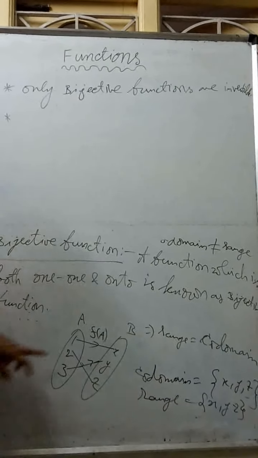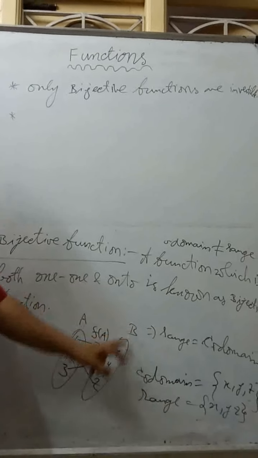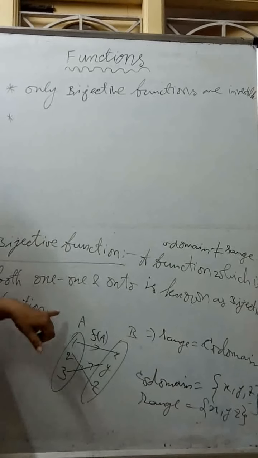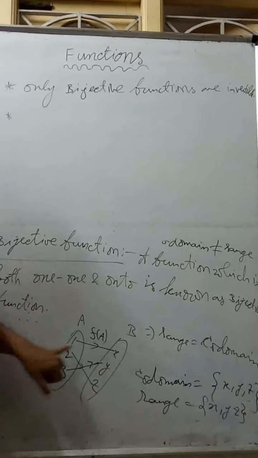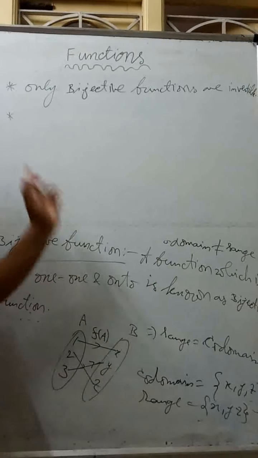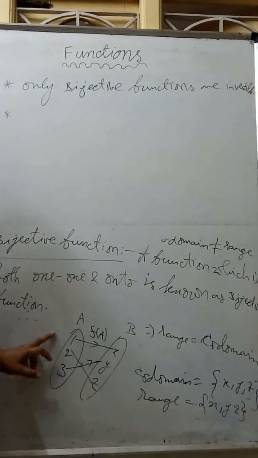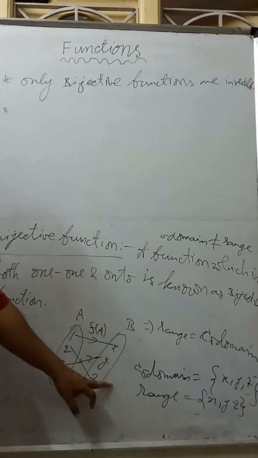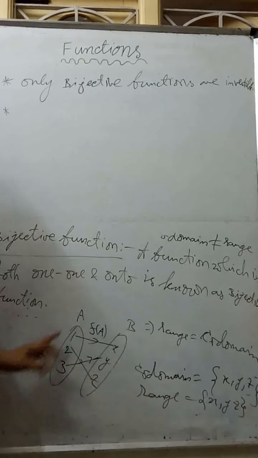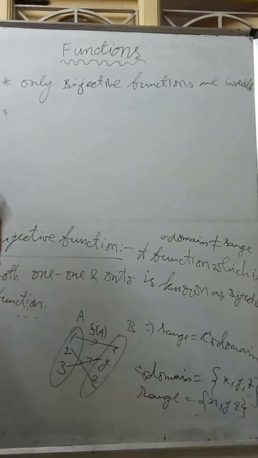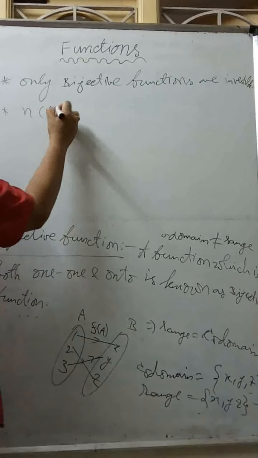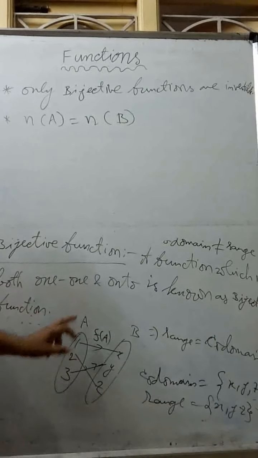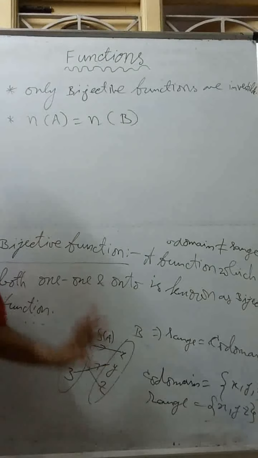If you observe here, the number of elements in A must be equal to the number of elements in B. In 1-1 we said the number of elements in A is less than or equal to the number in B; in onto we discussed that the number of elements in B is more than in A. To become a bijection, the number of elements in A must be equal to the number in B. Here there are 3 elements, here also 3 elements.